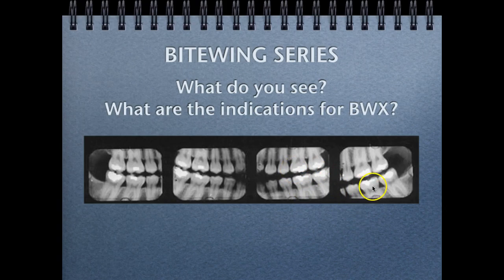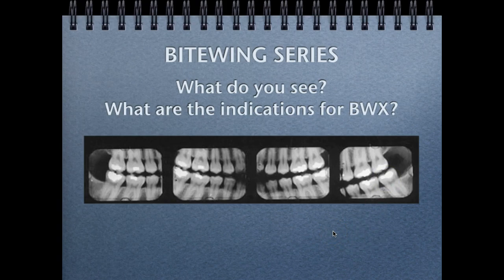And then we have a molar BITEWING image for the left side, and again we see much of the same anatomy, and this patient actually has some amalgam restorations that appear very white or radiopaque in the X-ray image or radiograph.